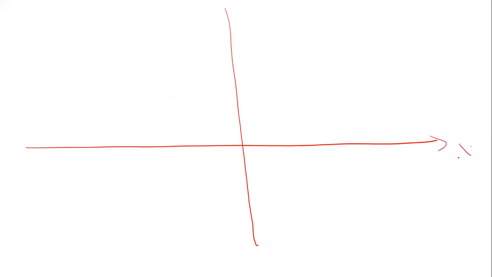Let me consider a two-dimensional space. This is the x-axis, this is the y-axis. Let's say we consider the 0, 0 point. At 0, 0, x is 0 and y is 0, so your vector will be 0i, 0j, which is no vector.